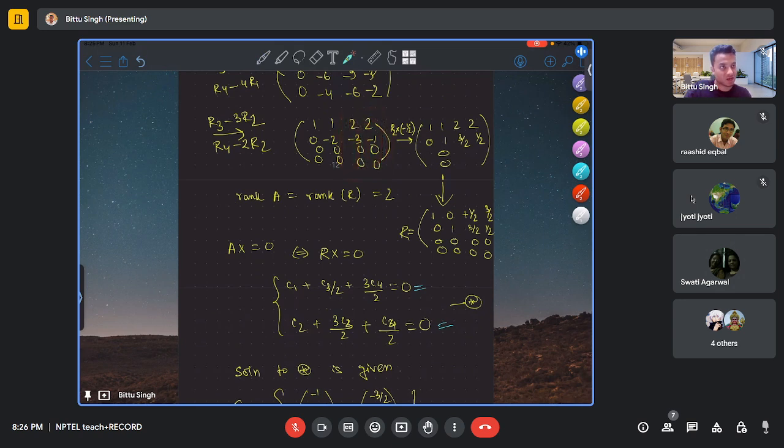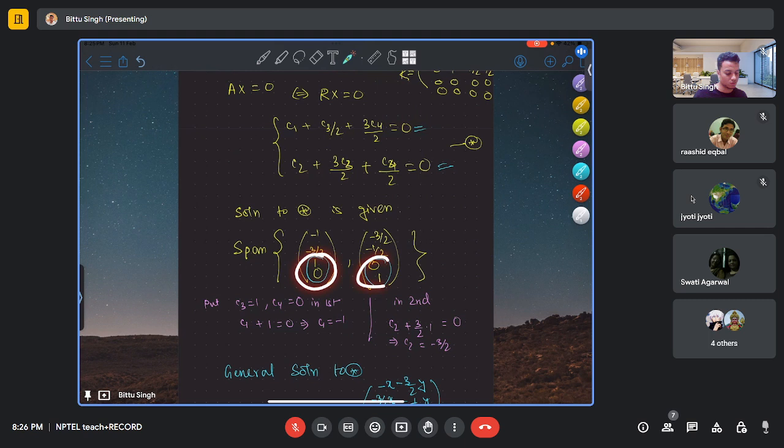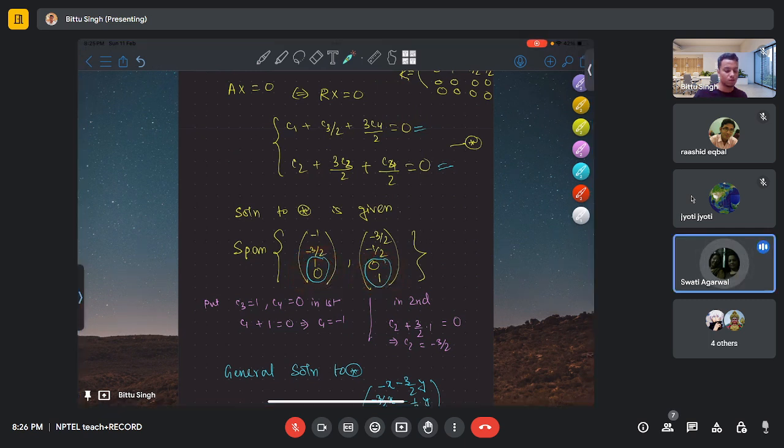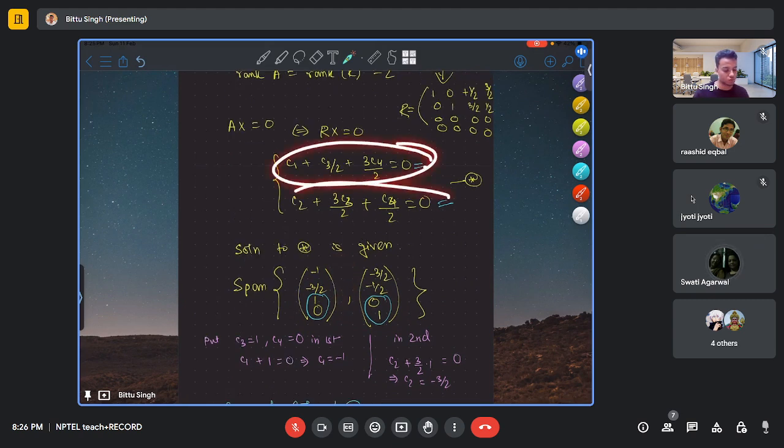Therefore, we can choose those two entries, third and fourth, as any independent vectors. As we know, 1 0 and 0 1 is a basis for R2. That is why we have chosen 1 0 and 0 1. And this will give the whole solution using those.